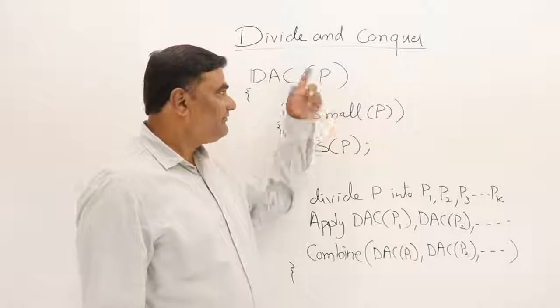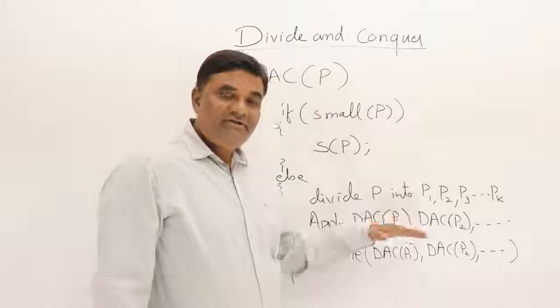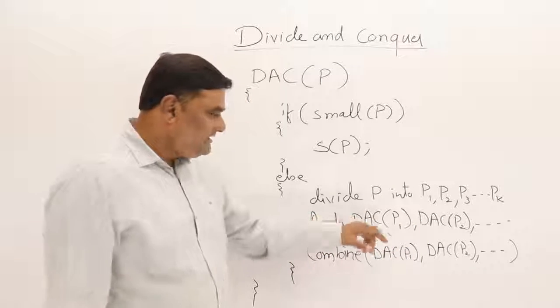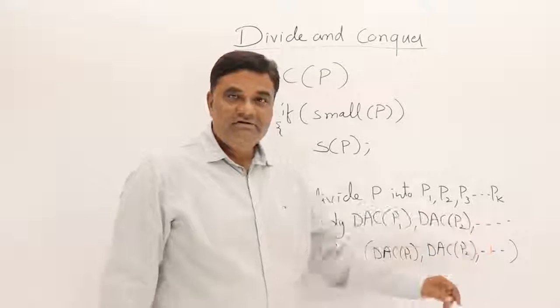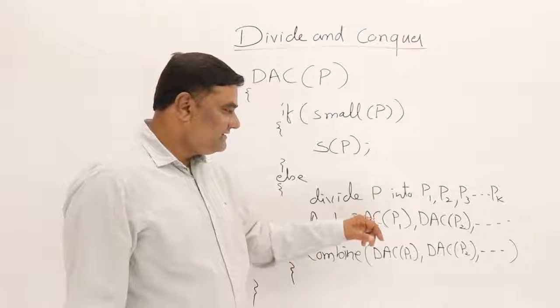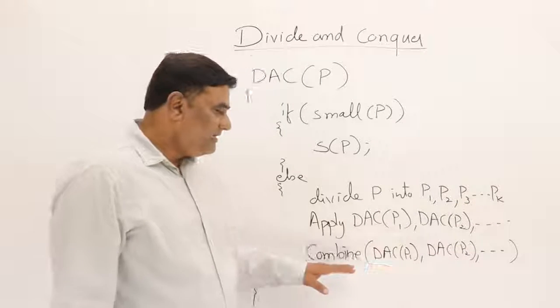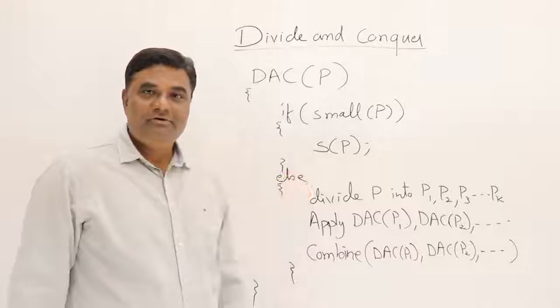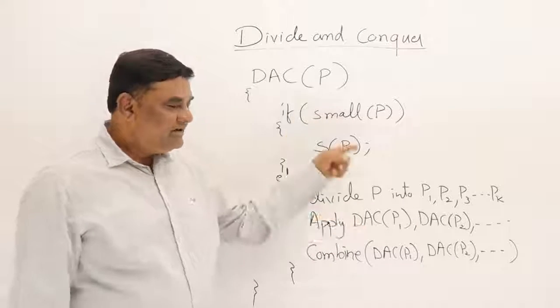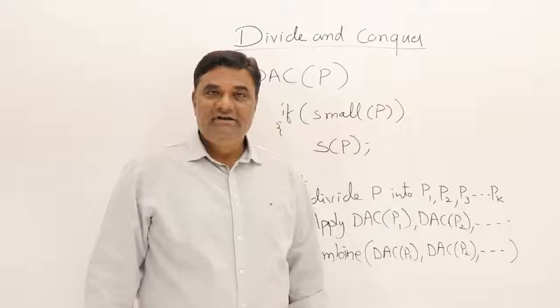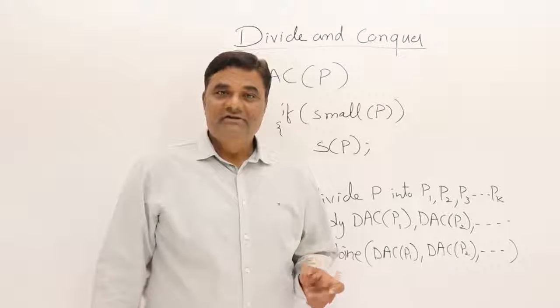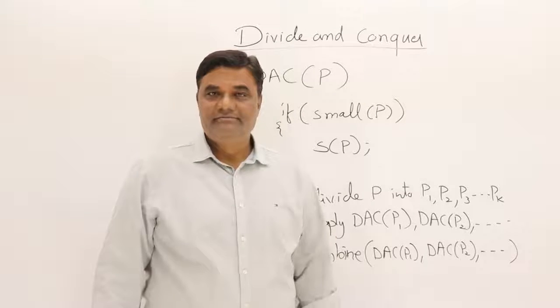This is recursive. Then whatever solutions you get, you combine these solutions: combine the results of divide and conquer of P1, divide and conquer of P2 and so on, together to get the solution for the main problem. So here you can see that it has a recursive property. The procedures are recursive and the algorithms are recursive.